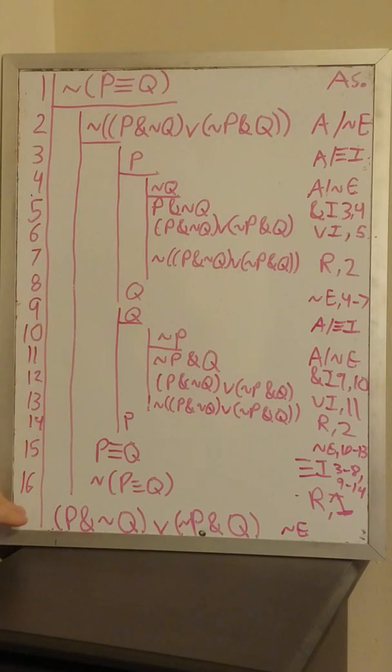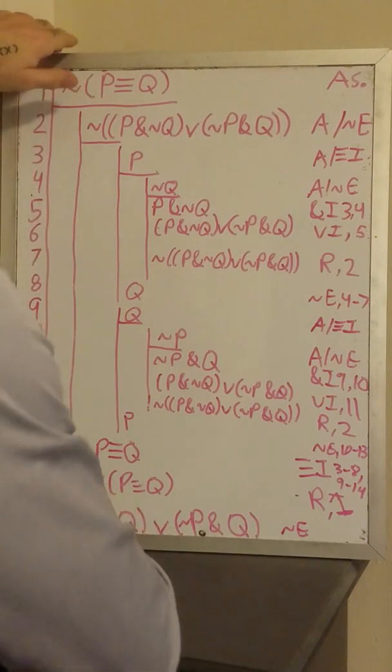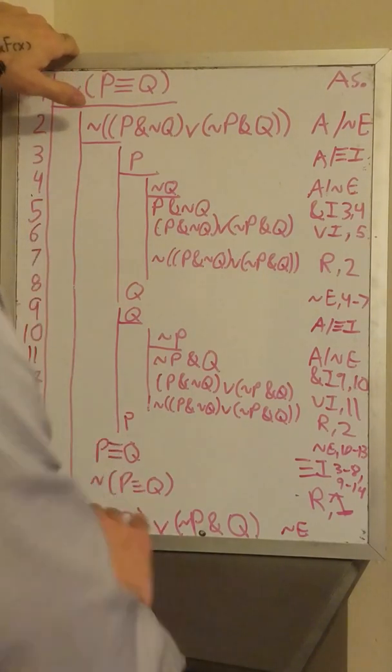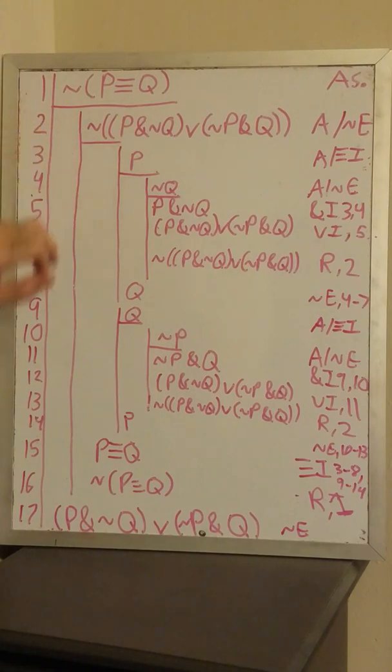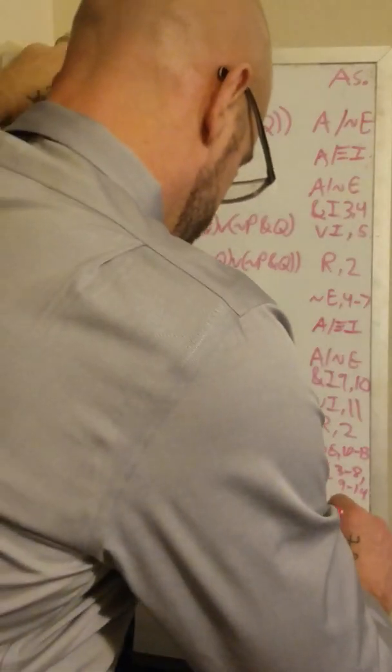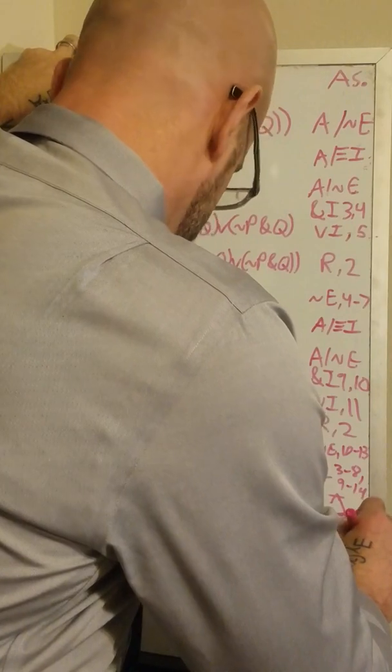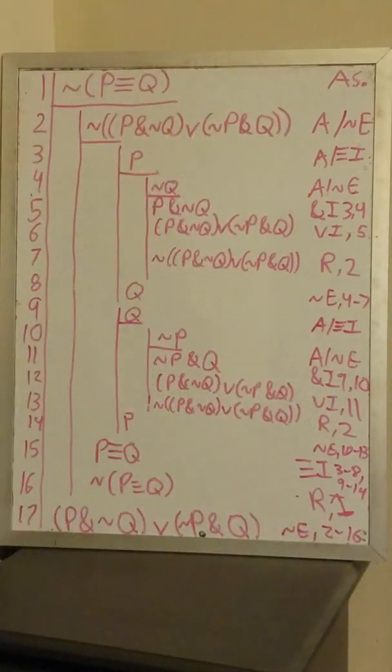And now we're ready to finish this up: line 17 is negation elimination, lines 2 through 16. So almost this entire proof was this subderivation.